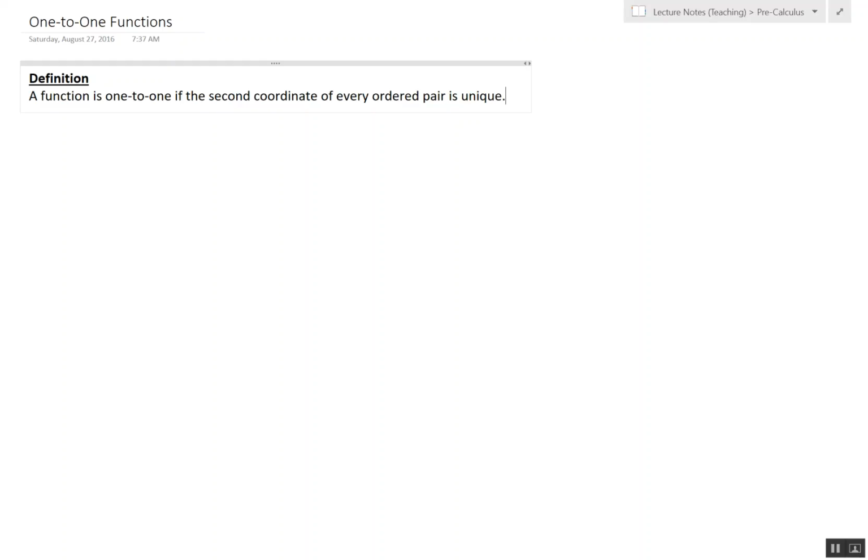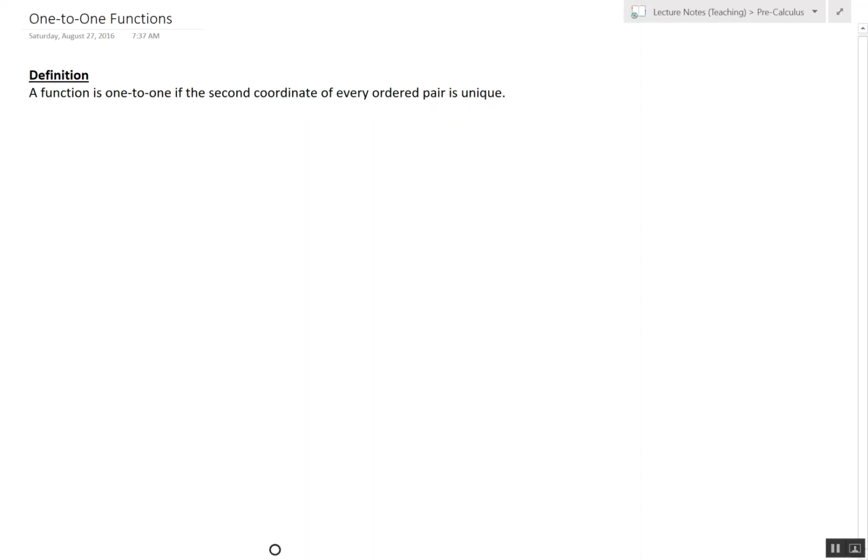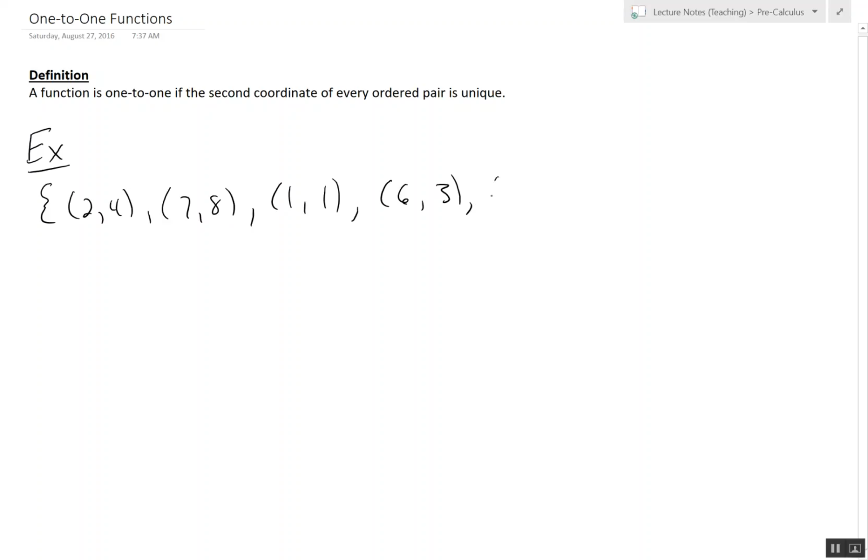So, this is not the formal definition of a one-to-one function, but it is equivalent. A function is one-to-one if the second coordinate of every ordered pair is unique. So, an example here would be something like this. If I had (2, 4), (7, 8), (1, 1), (6, 3), (9, 2).